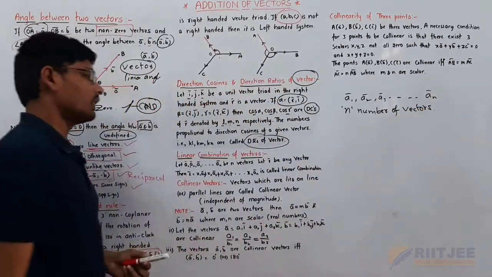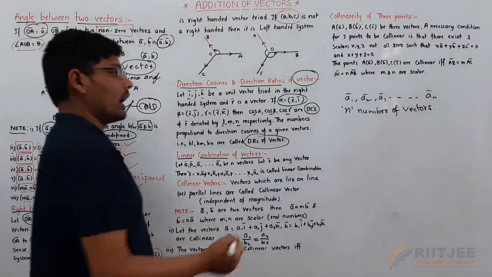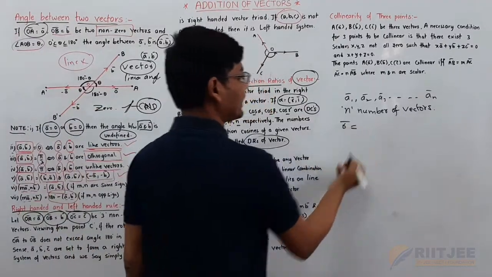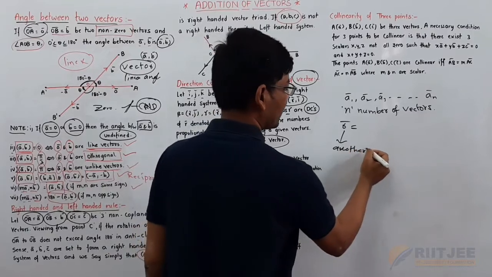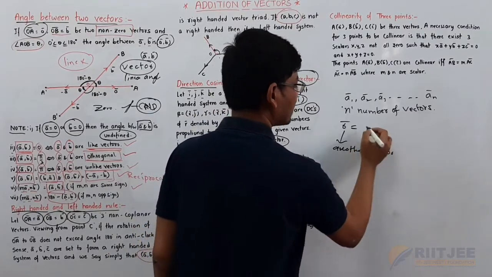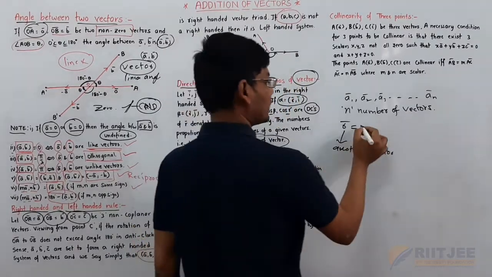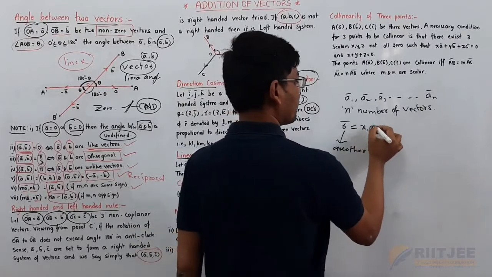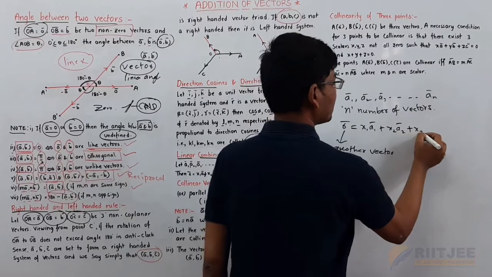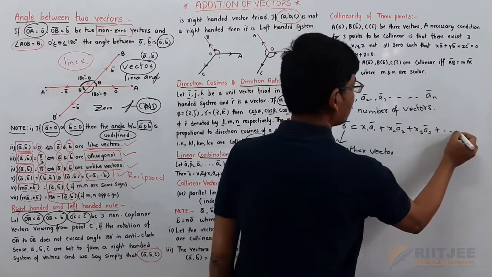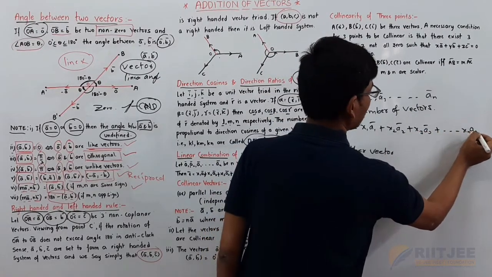Then r bar is another vector that is a linear combination: x1 into a1 bar plus x2 into a2 bar plus x3 into a3 bar up to xn into an bar.